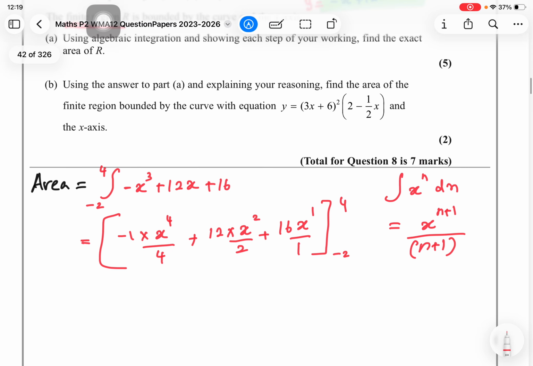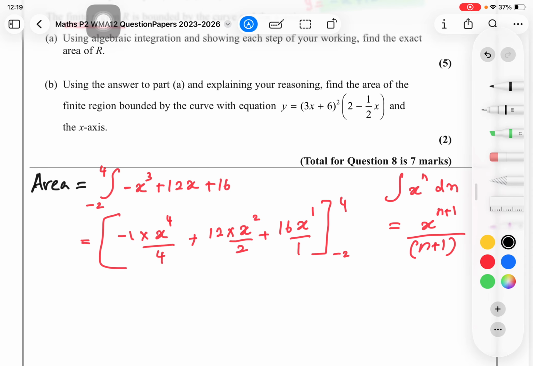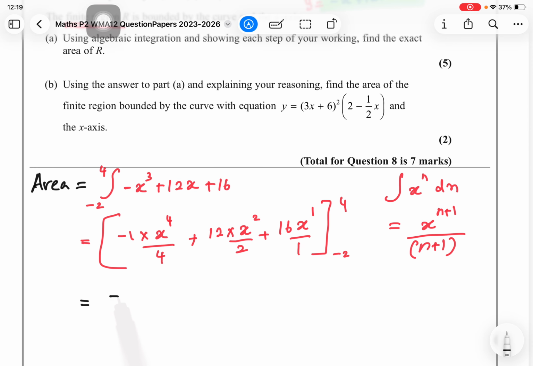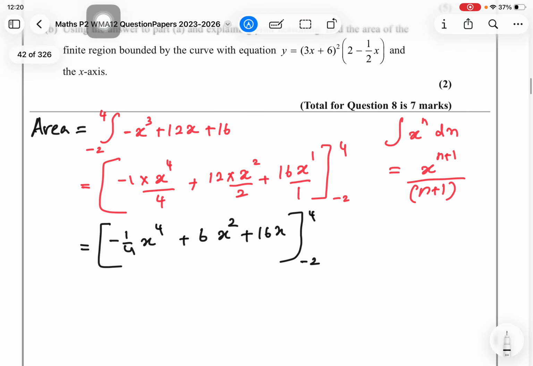So when you integrate it, you have −(1/4)x⁴ + 6x² + 16x, from −2 to +4.